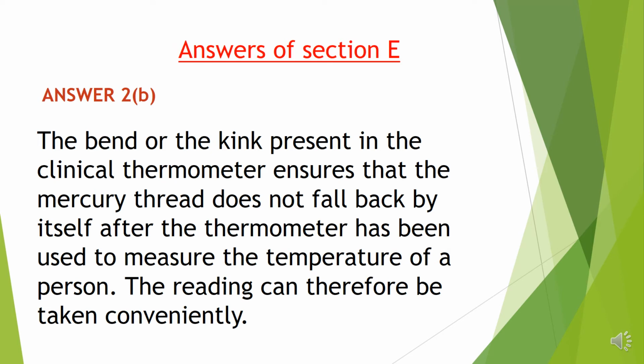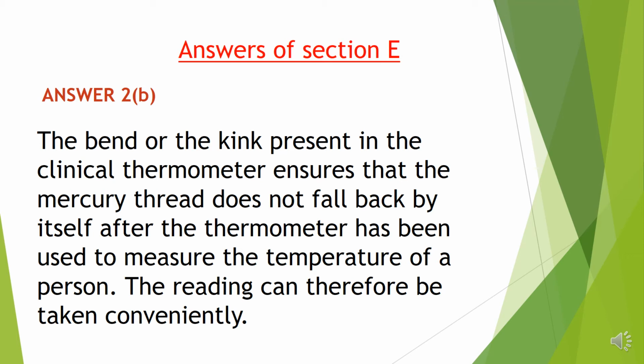Question number 2B is, a clinical thermometer has a slight bend or kink in its capillary tube. Why? The bend or the kink present in the clinical thermometer ensures that the mercury thread does not fall back by itself after the thermometer has been used to measure the temperature of a person.